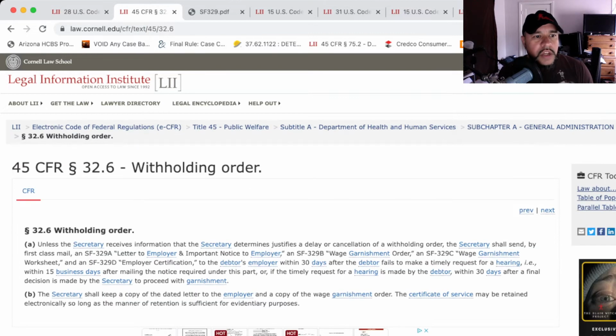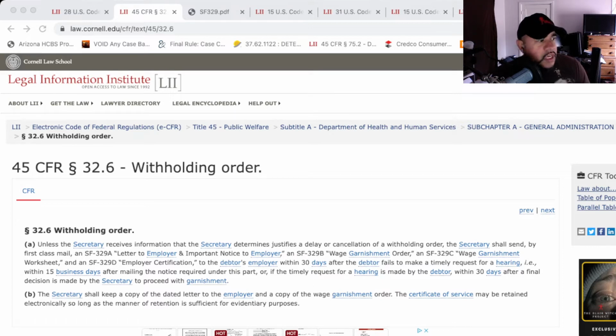All right, so for the withholding order itself, there are rules they need to follow, right? All things are governed by rules. The Code of Federal Regulations is the rules they need to abide by.